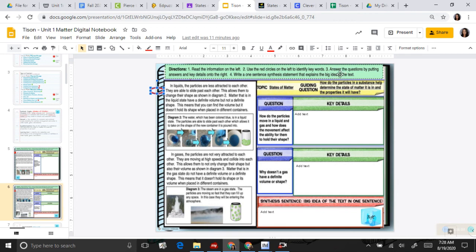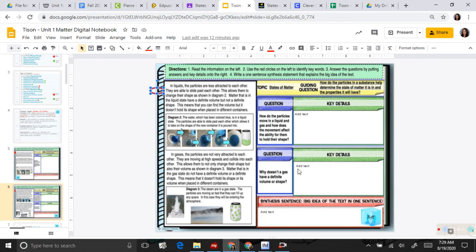The third step says answer the questions by putting the answers and key details on the right. So here, in your key details, you are going to answer this question. How do particles move in a liquid and a gas, and how does the movement affect their ability to hold their shape? You need to answer both parts of this question. So I need you to tell me how do particles move in a liquid, but I also need you to tell me how that movement affects their shape.